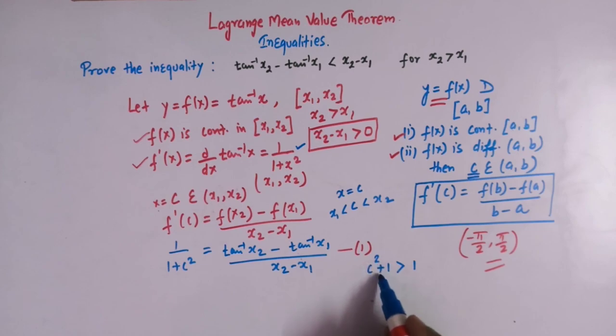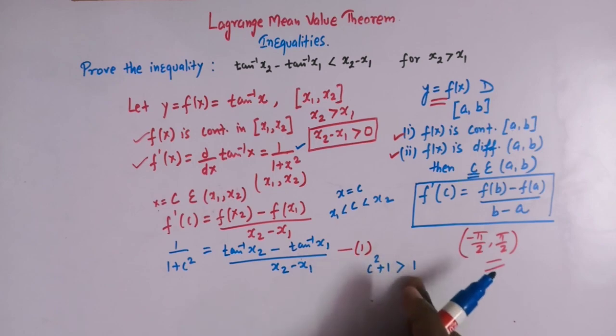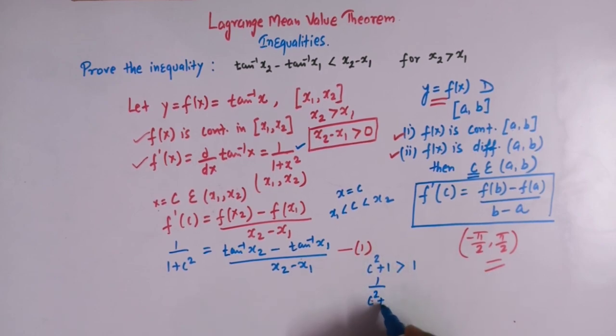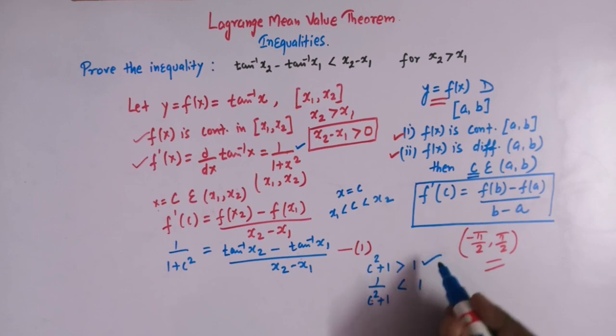So if we take the reciprocal of both sides, we have 1 over c square plus 1 is less than 1, right? This is the important step here.